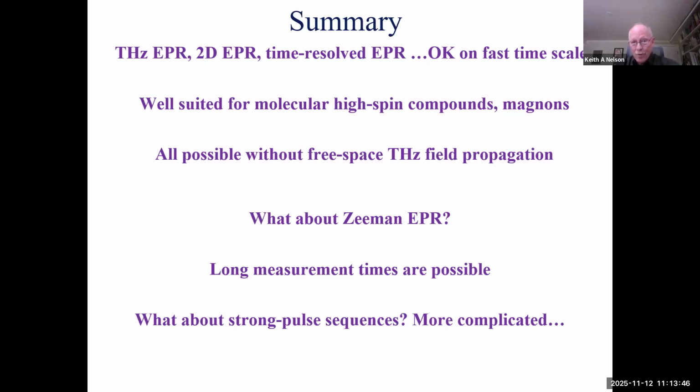And that's fine for modes like these where the dephasing times are pretty fast and we can do all of the measurements that we need to do on those timescales. Obviously, that's not the case with just ordinary Zeeman EPR with very narrow lines that go out microseconds, right? So how do we do it?